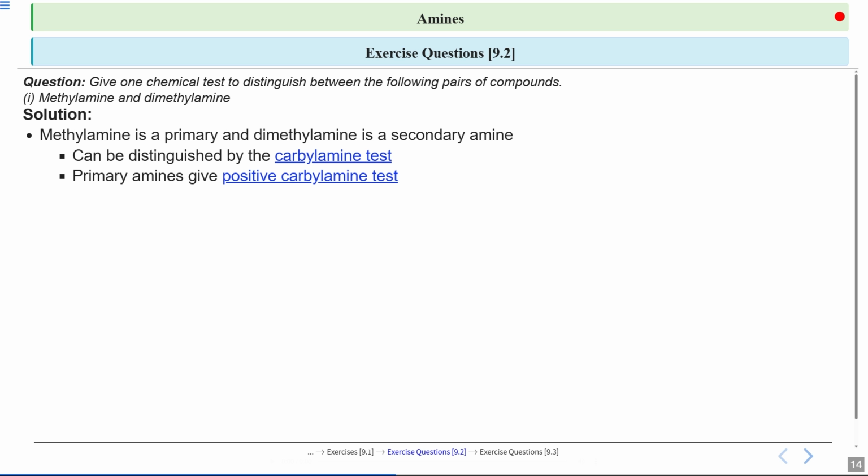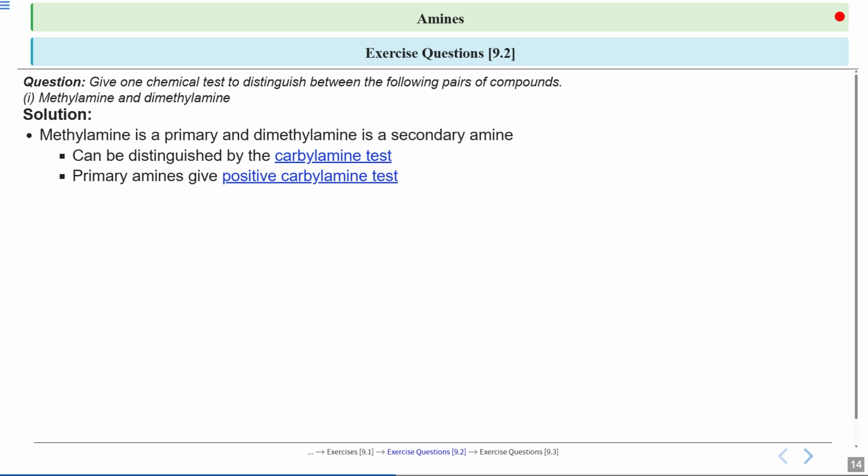Now what happens in case of primary amines? Primary amines give a positive carbylamine test. Isocyanides are the product of this reaction, which are known for being highly toxic and having a very foul smell. So this strong odor is actually what makes this test so useful in the lab.